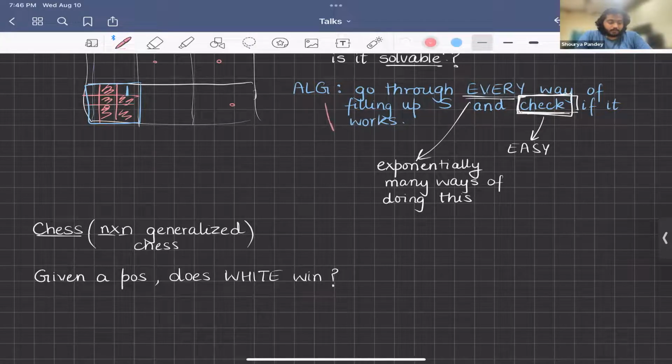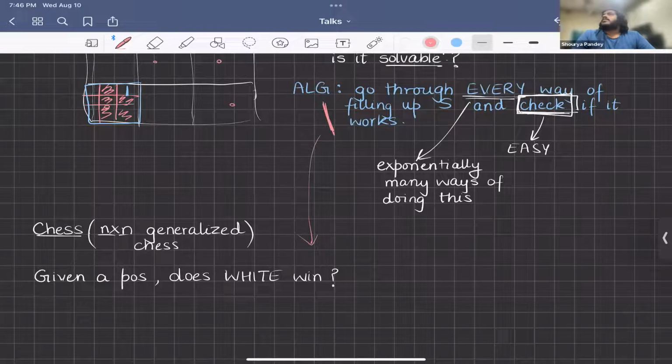Like something which is sort of brute force? You could try every possible move on every step and sort of branch out. That is one possibility. But now the number of steps is not just exponential, it is even more.